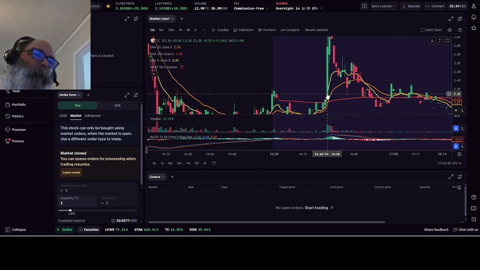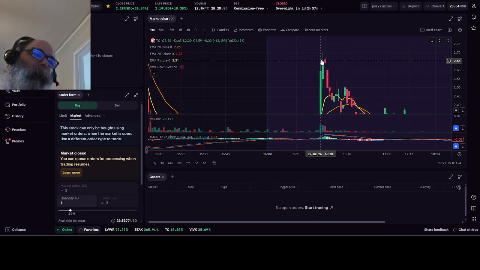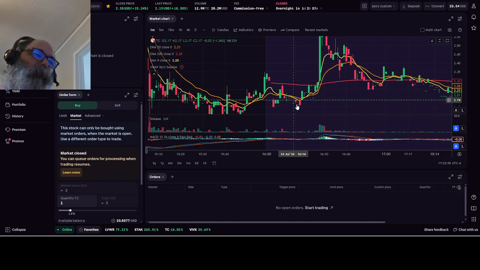Here, you might luck out and get this big rise, but what happens is a lot of times when you see this red, it'll go all the way back down and you can lose a lot of money. So I look for it to grow, then I look for a teeny little red candle, but then I look for the continuation up.